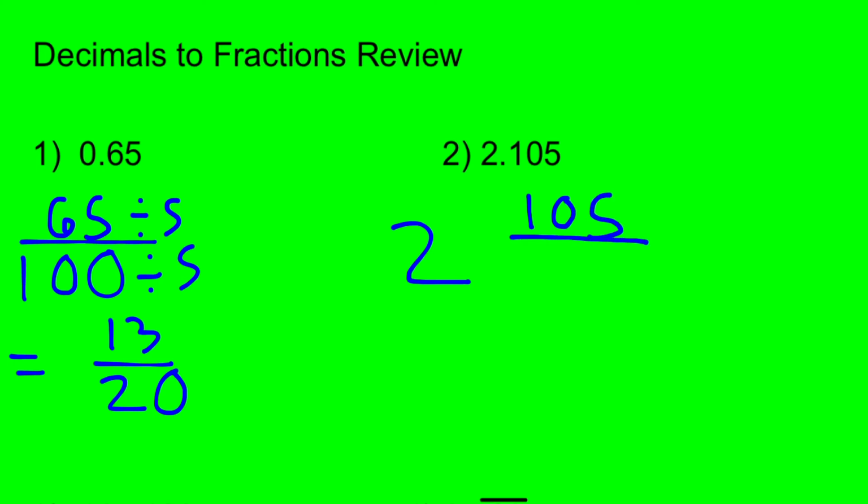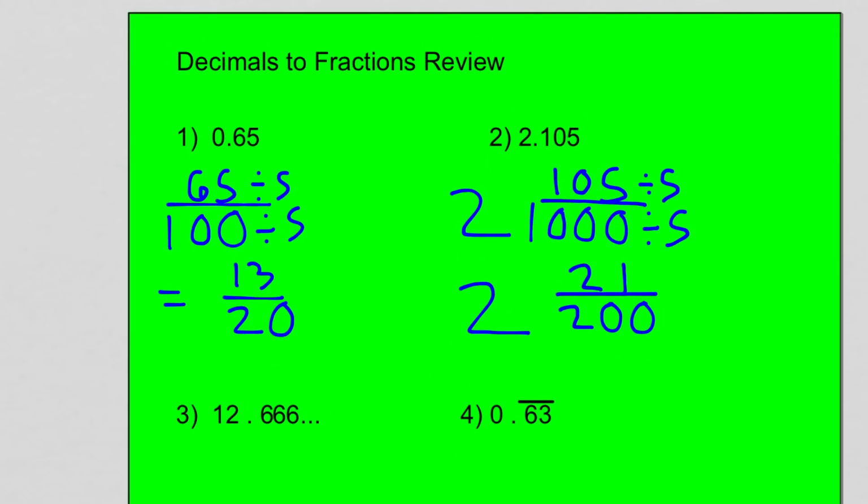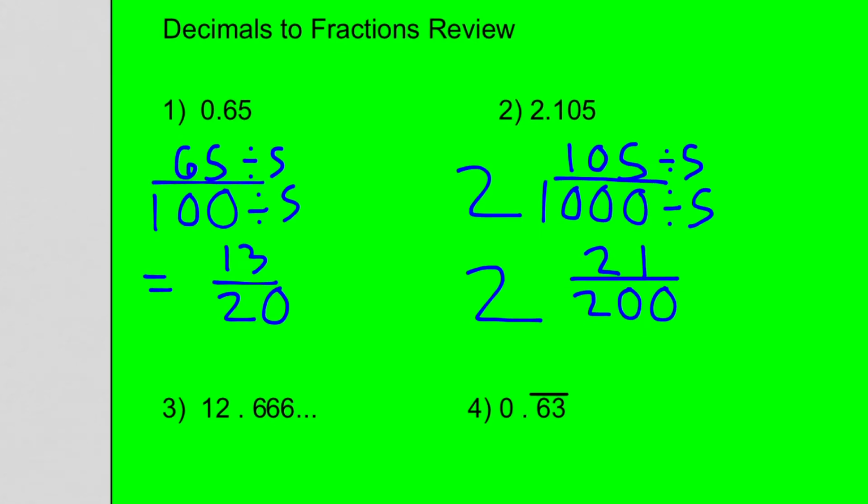And since there's 3 digits behind the decimal, there are 3 zeros in the denominator, 2 and 105 over 1,000. Then you would reduce to lowest terms by dividing by 5. This would become 2 and 21 over 200. So if you have terminating decimals, you make them out of 10, 100, 1,000, 10,000.